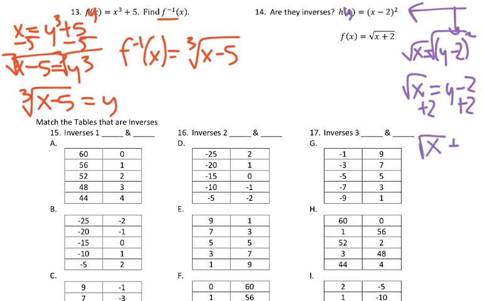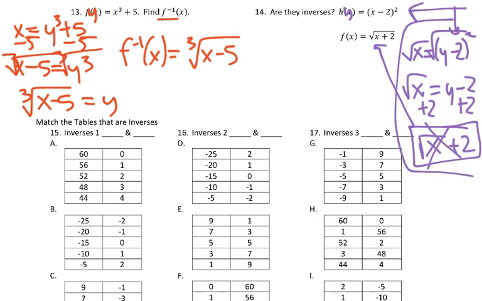We get the square root of x plus 2, with the plus 2 outside, which tells us right off the bat they're not inverses. The other way would be to say this is a minus 2 on the inside, it's got to be a plus 2 on the outside. So kind of using that same concept of solving it, but not actually solving it, and realizing they're not inverses. Okay, that would be the other way.